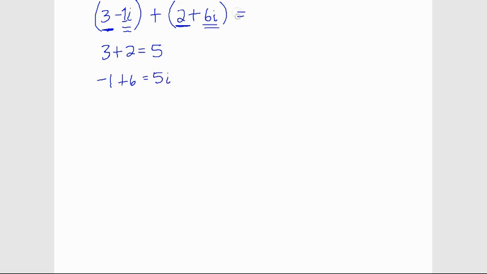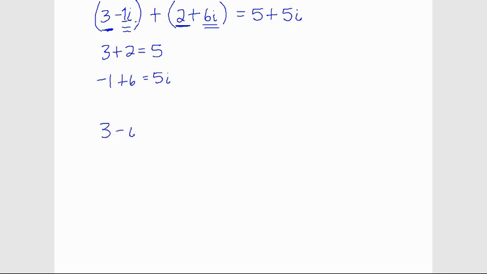So this total sum, if we write it in complex number form, would be 5 plus 5i. And so adding complex numbers is the same as combining like terms if we were dealing with an average algebraic expression. We can treat the i as though it's a variable, even though it is in fact a number in this case. So let's take a look at subtraction.